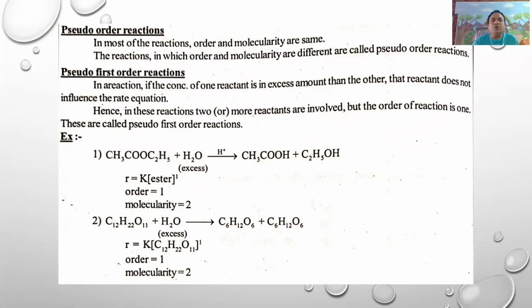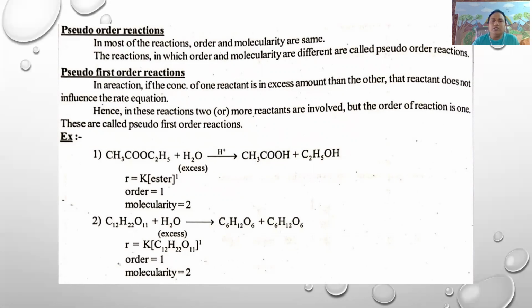In the above examples, that is decomposition of hydrogen peroxide and decomposition of oxalic acid, only one reactant participates, so its order is 1 as well as molecularity is also 1.